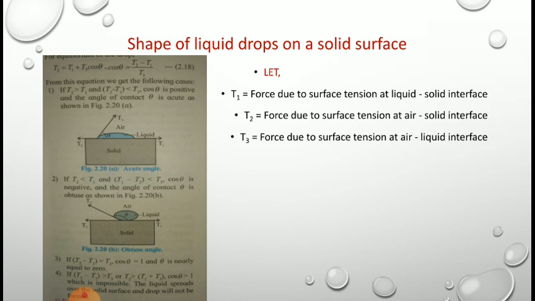And the last, fourth case, if T2 minus T1 is greater than T3, or T2 is greater than T1 plus T3, in this case the value of cos theta will be greater than 1, which is impossible. The value of cos theta cannot be greater than 1, and hence the liquid spreads over the solid surface and a drop will not be formed. So these are the four cases for the shape of liquid drop on the solid surface.